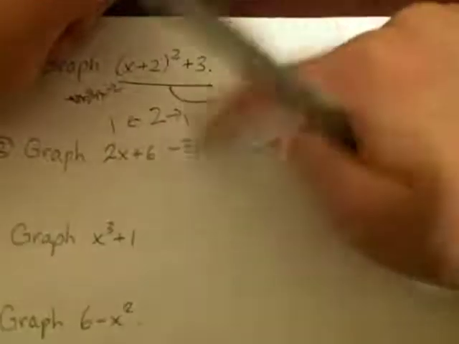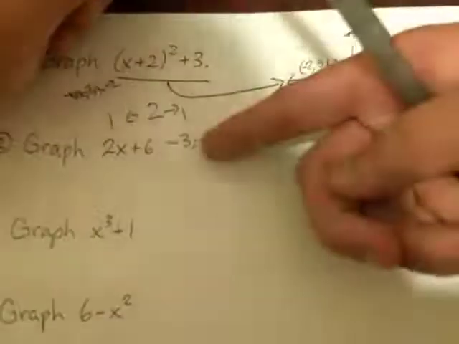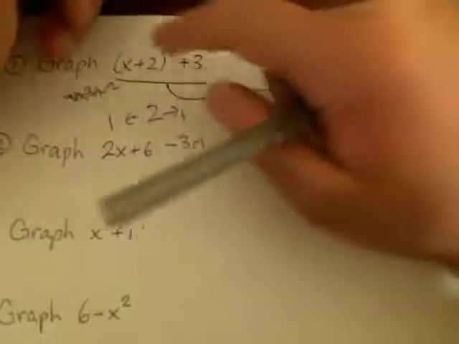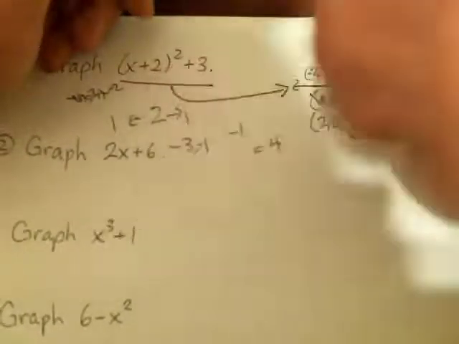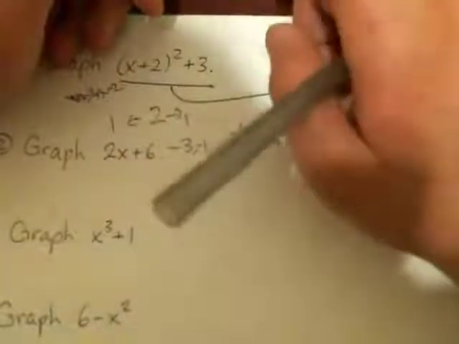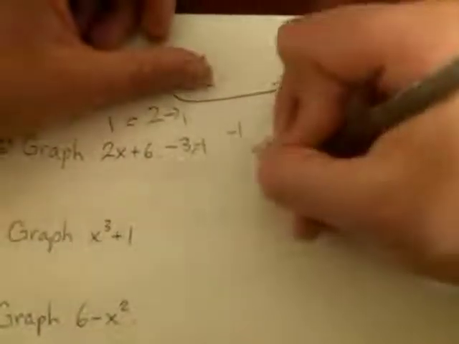Same can be said about negative 1. Negative 1 plus 2 equals 1. 1 squared equals 1, and 1 plus 3 equals 4 as well.